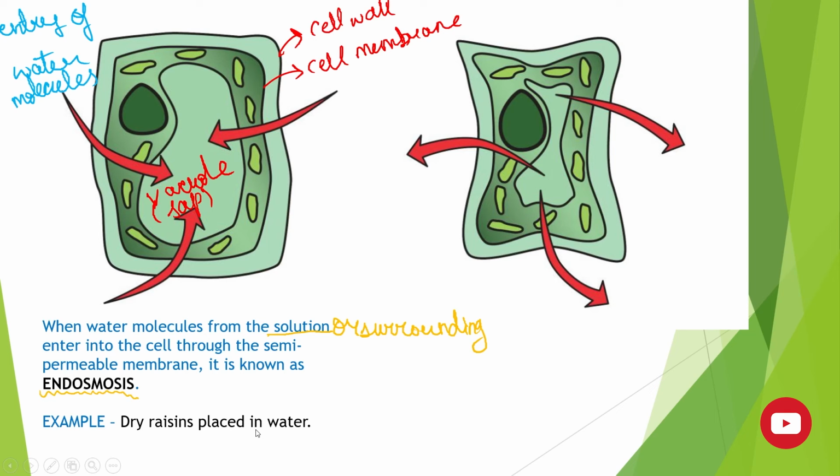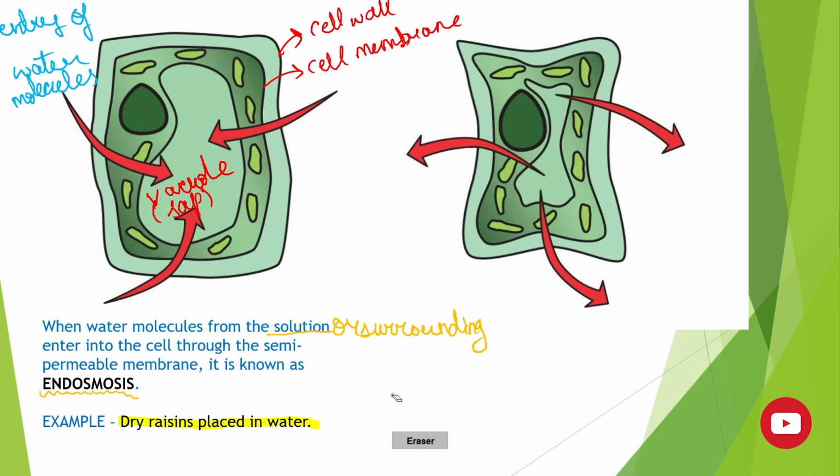If you have seen in houses, dry raisins are placed in water before cooking, then after some time, they swell up, and that is endosmosis. They swell up because they have performed endosmosis. That is, water molecules from the outside, from the surrounding, have entered into their cells.